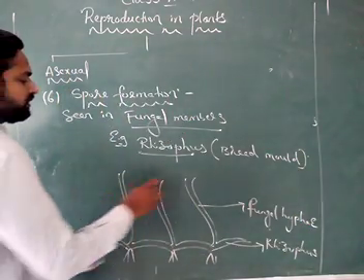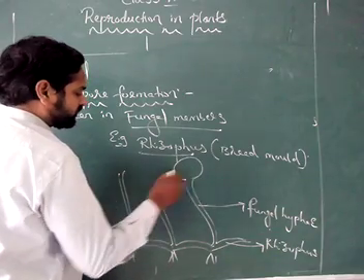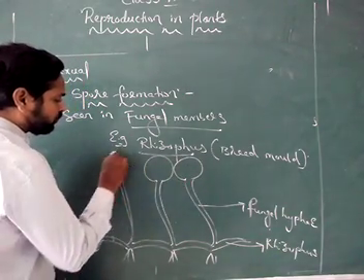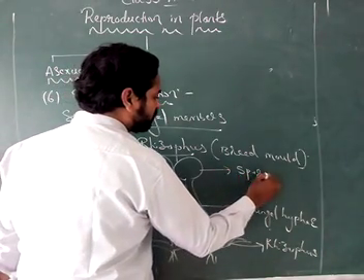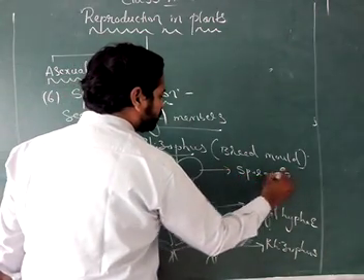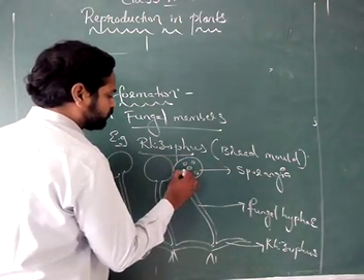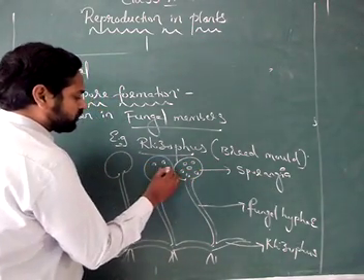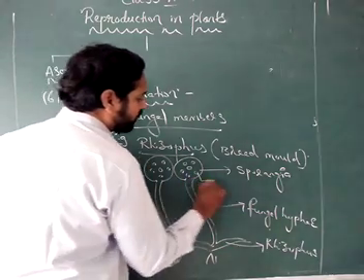These hyphae produce outgrowths at the tip. These outgrowths formed at the tip are called sporangia. Inside the sporangia, spores are produced. These are called spores.